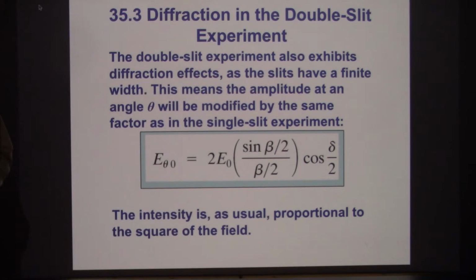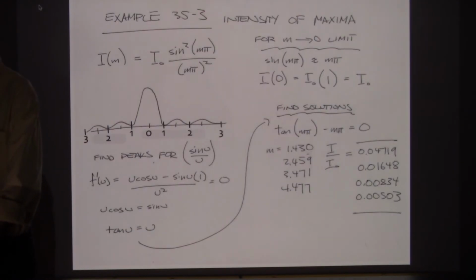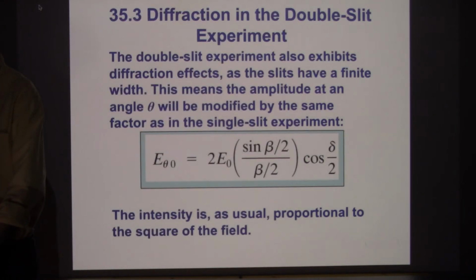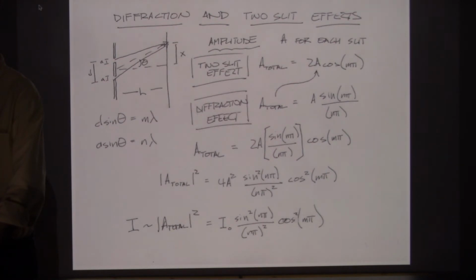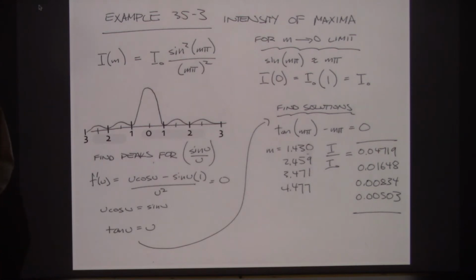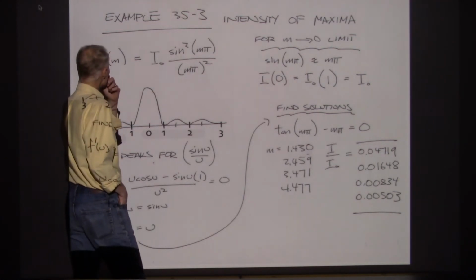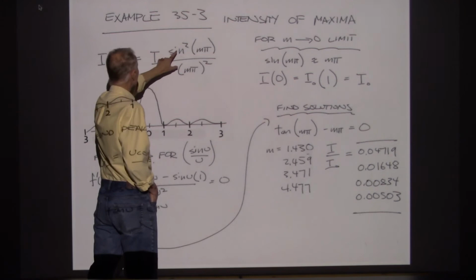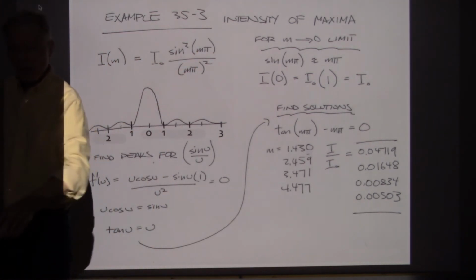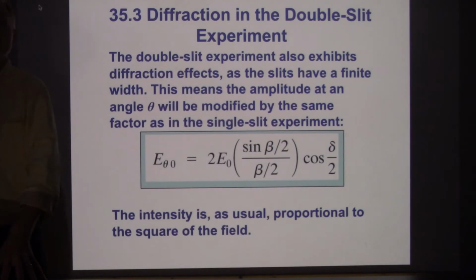Now here is the book's version of this. I've used the formulas just a little differently and said that the intensity is like sine squared m pi over m pi. And then their formulas are in terms of phase.